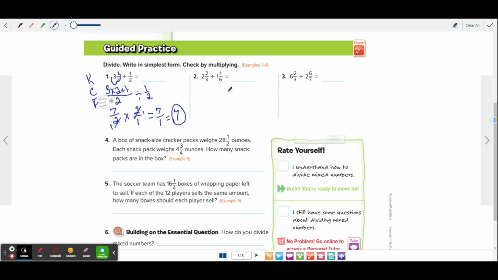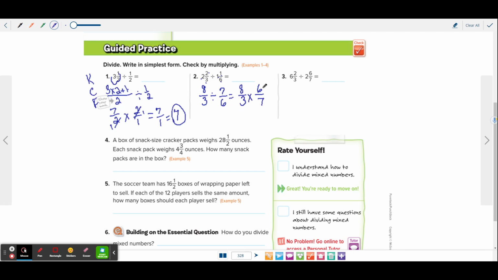The second one, they are both mixed fractions, so we have to change them both. So 2 times 3 plus 2, so that's 6, 7, 8 thirds, divided by 1 times 6 is 6 plus 1 is 7, so 7 sixths. And then we want to do our keep, change, flip, so 8 thirds times 6 sevenths.